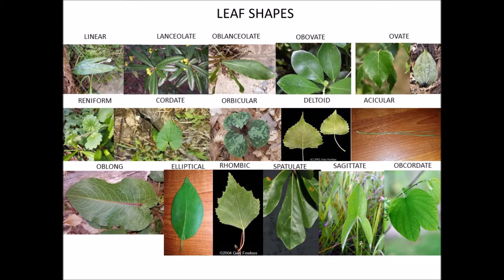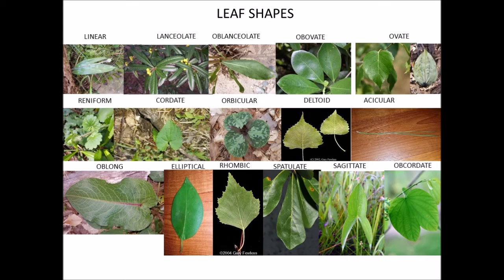Acicular, which is the typical needle-like leaf of pine trees. Oblong is a leaf that's kind of long and broad, evenly broad across virtually its entire length. Elliptical is broad towards the center and narrowing towards the base and tip. Rhombic is diamond shaped. So you can see it kind of forms a diamond shape in this image.